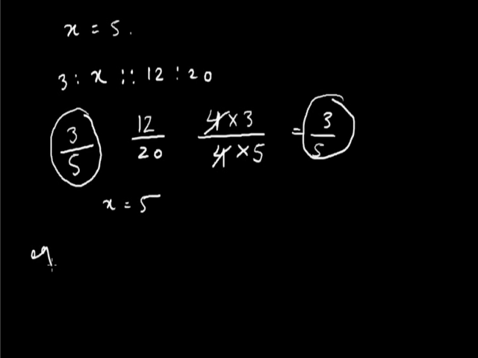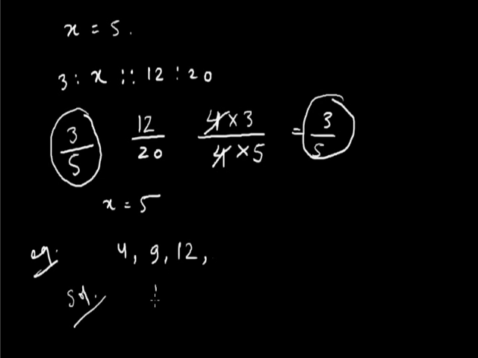Let's take another example. Find out the fourth proportional to 4, 9, 12. The solution is, we have been asked about the fourth proportional. That means the fourth term after 12, so that 4, 9, 12 and the term which we are going to find out should be in proportion.